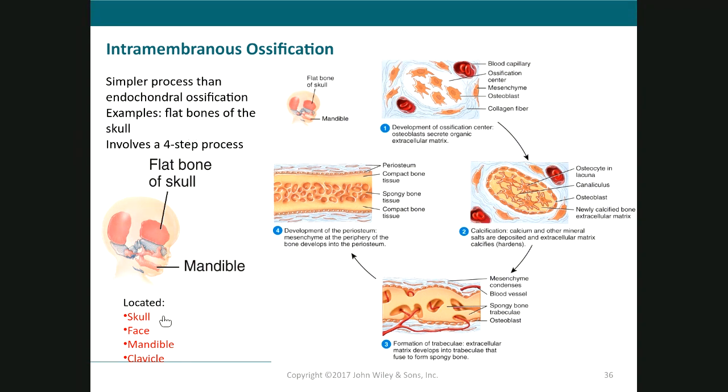So the skull, face, mandible, and clavicle are developed via intramembranous ossification.